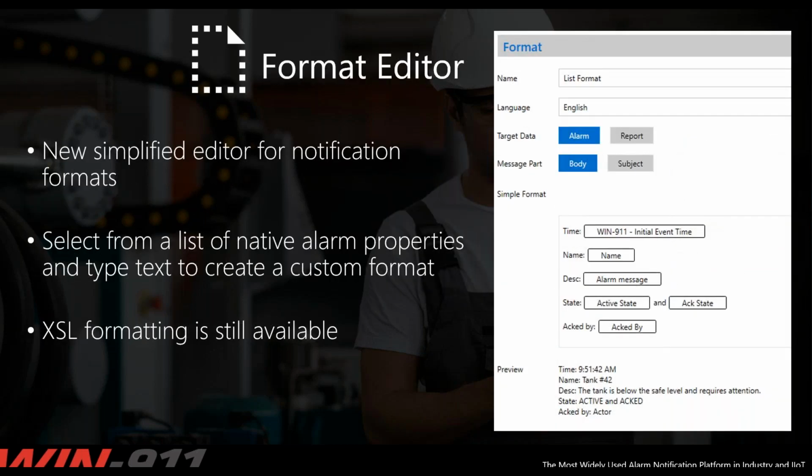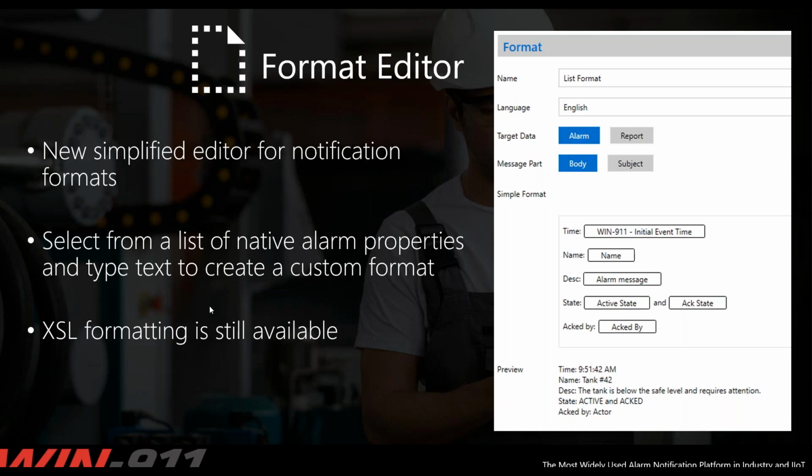Next is our format editor. So XSL is still available, which is what we used to use and was commonly used on the Core 3 and 4. But this is a much more simplified editor for the notification formats. This allows you to type in static text, which you can then select from variable and alarm properties from a list, and then you can drag them in.